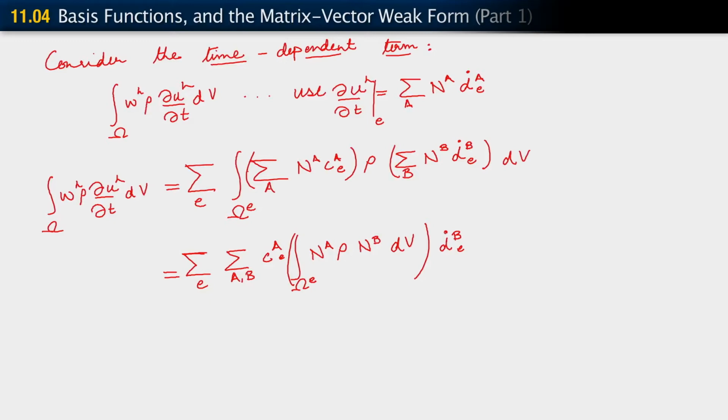If you stare at what we have here for the integral that I've put in parentheses, it should be clear that for a given element, when you carry out that integral for a combination of basis functions on node A and B, you get a scalar in every case. These resulting terms are going to be of a form that we've not encountered before.